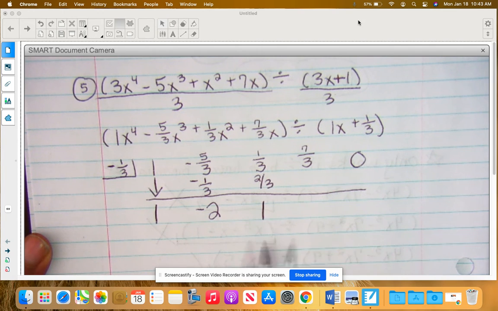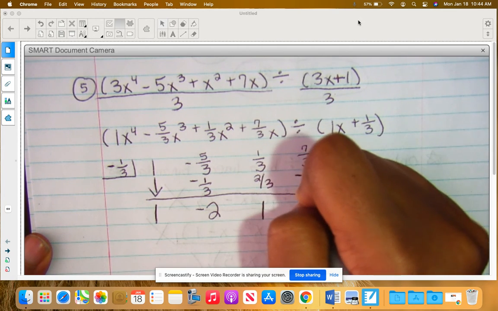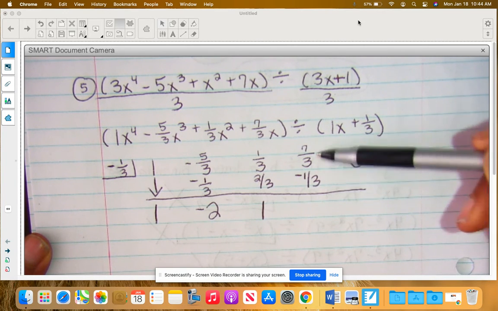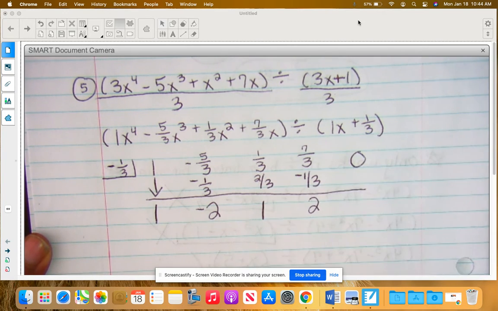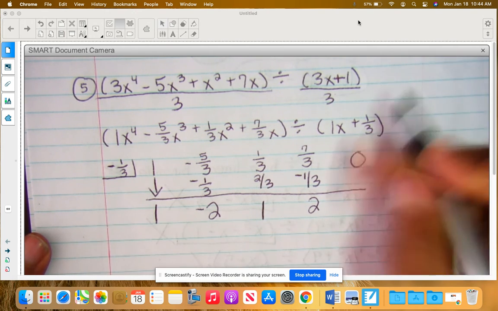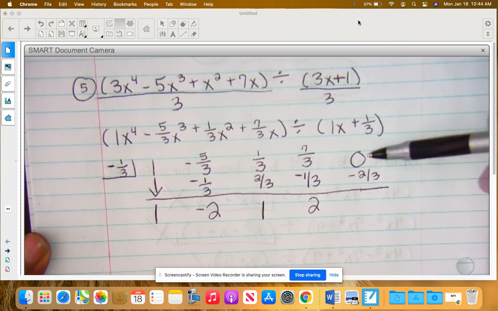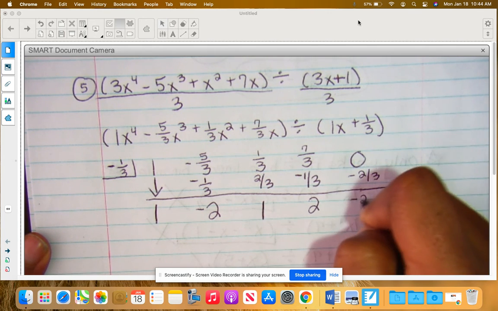Repeat the process. 1 times negative 1/3, I got negative 1/3. Add these two together, 7/3 plus negative 1/3 is 2. 2 times negative 1/3, I got negative 2/3. Add these two together, 0 minus 2/3 is negative 2/3.